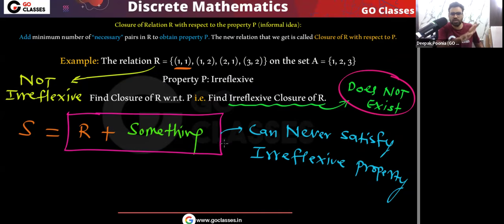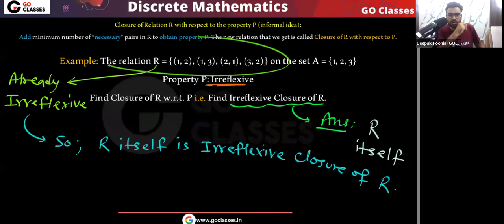You can make this observation: if the given relation does not satisfy the irreflexive property, then irreflexive closure does not exist. And if the given relation already satisfies the irreflexive property, then this relation is irreflexive closure of itself. Simple, very simple. I hope you understood the concept.